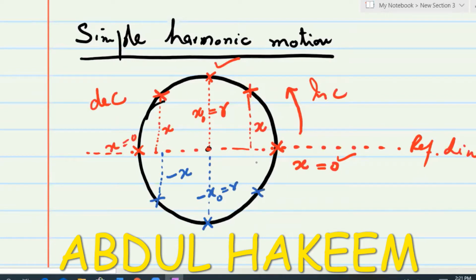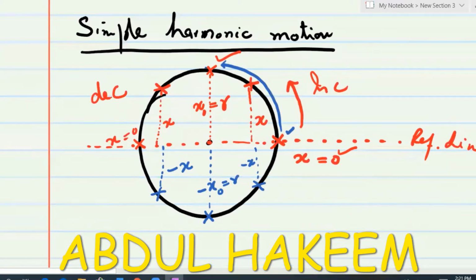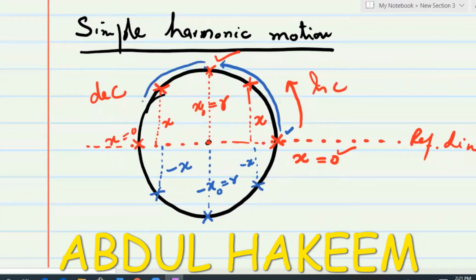When it is here, again, it's negative displacement, smaller than the maximum, but more than 0. So the displacement starts from 0, it increases in the positive direction, it decreases but remains in the positive, then it goes to the negative direction, it increases, and then it decreases but remains in the negative direction.